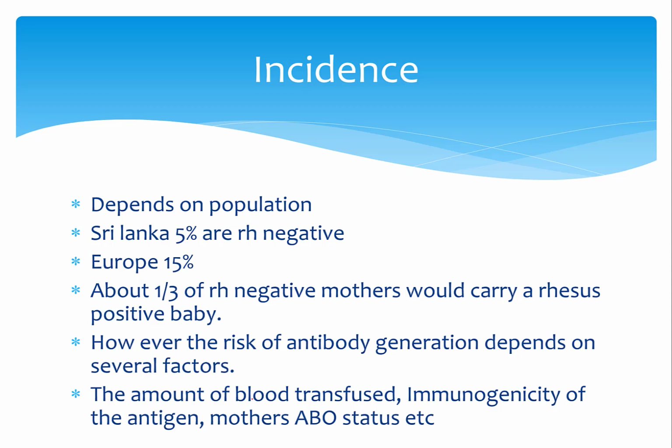So they are the origins of the blood group. Because of that, in their population about 15% are rhesus negative. About 1/3 of Rh negative mothers by chance will carry a Rh positive baby.